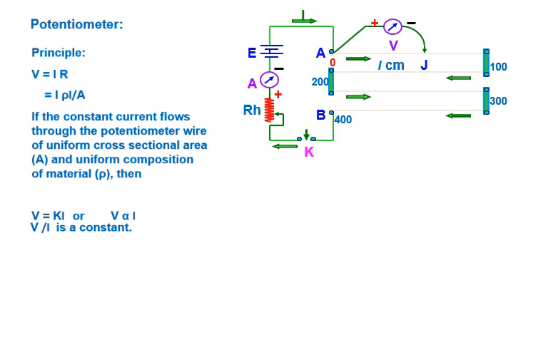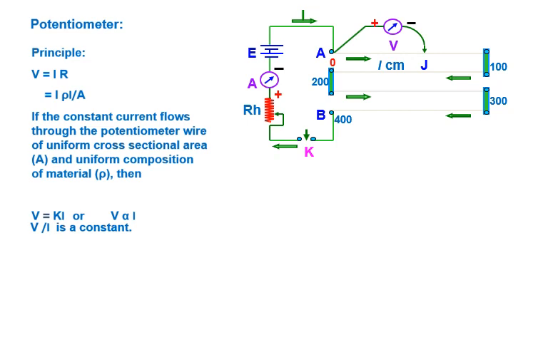Then, by Ohm's law, V equals IR, and by putting the value of R, that is rho L by A, for a wire of uniform cross-section and uniform composition, resistivity rho and area of cross-section A are constants.